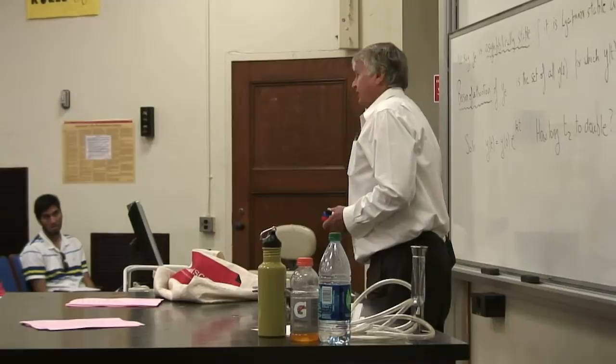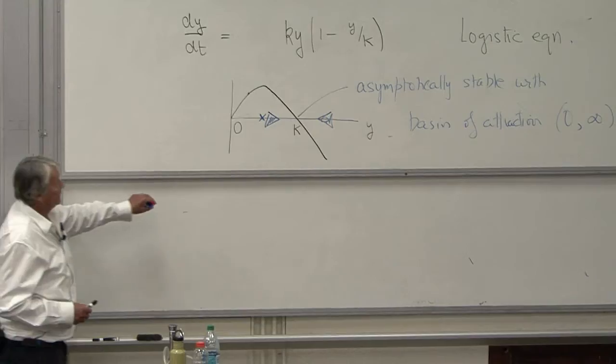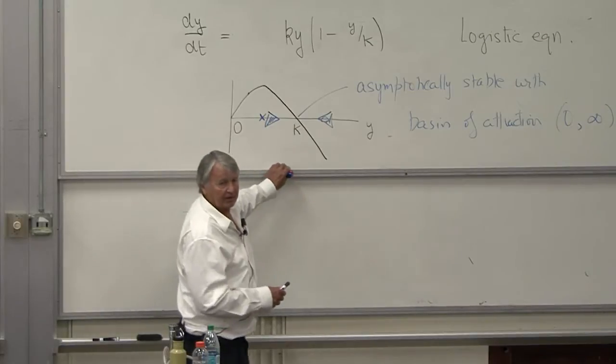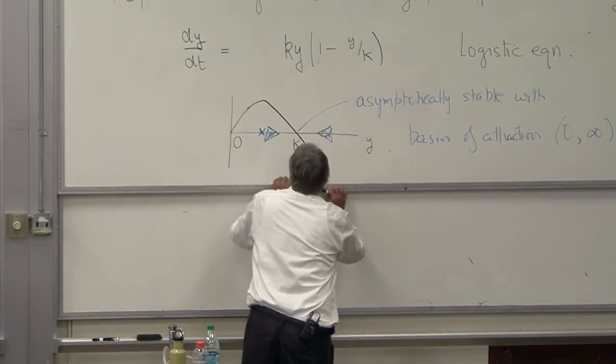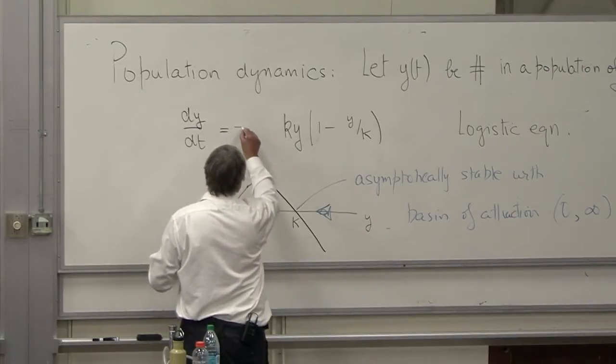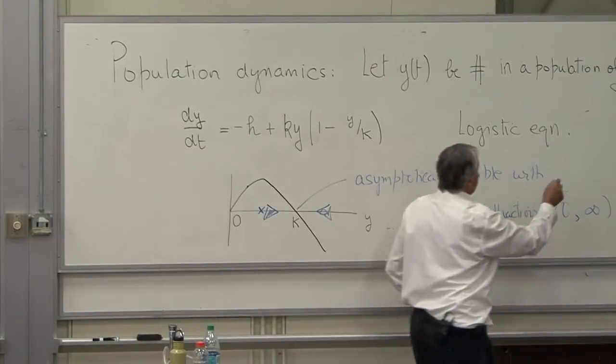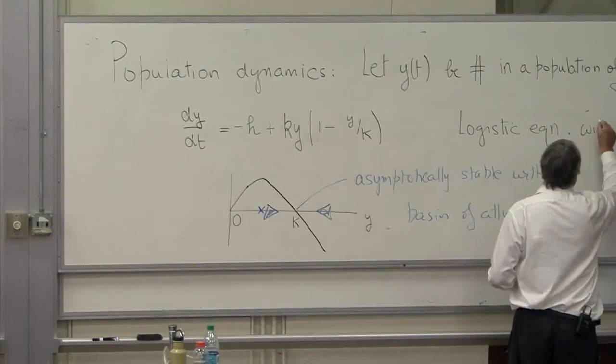Yes, we issue hunting licenses. We say so many deer can be taken out of the population per year. So we model that by putting in, this is the logistic equation now with hunting.